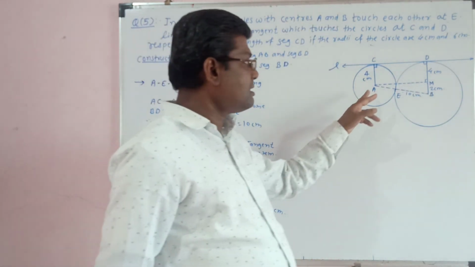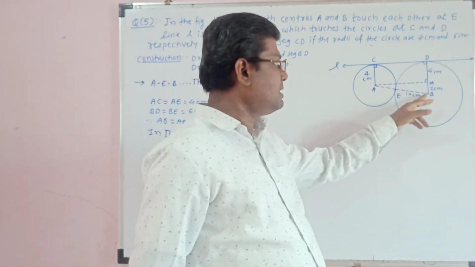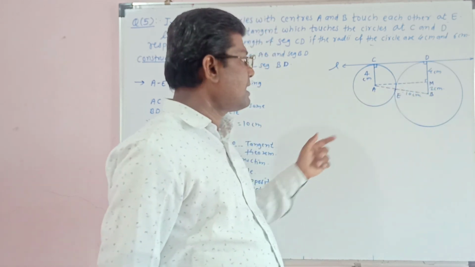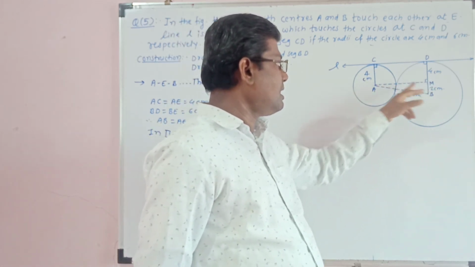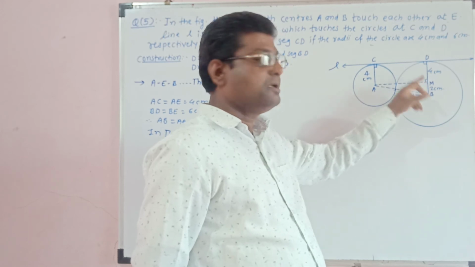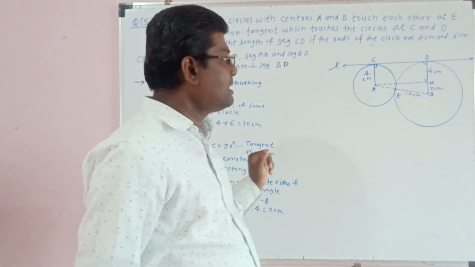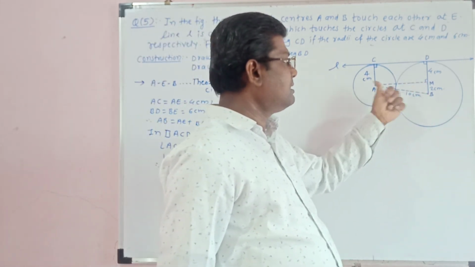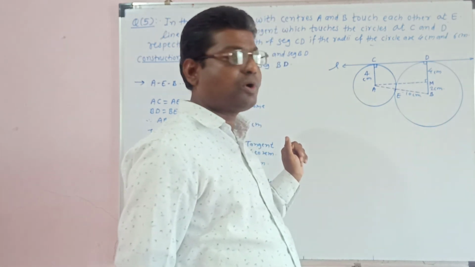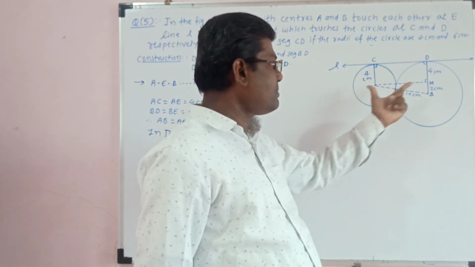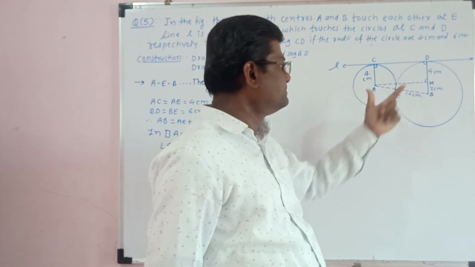Now consider triangle ABM. In this triangle, angle AMB is 90 degrees. Therefore, we can apply the Pythagoras theorem for this triangle in order to find the value of AM.